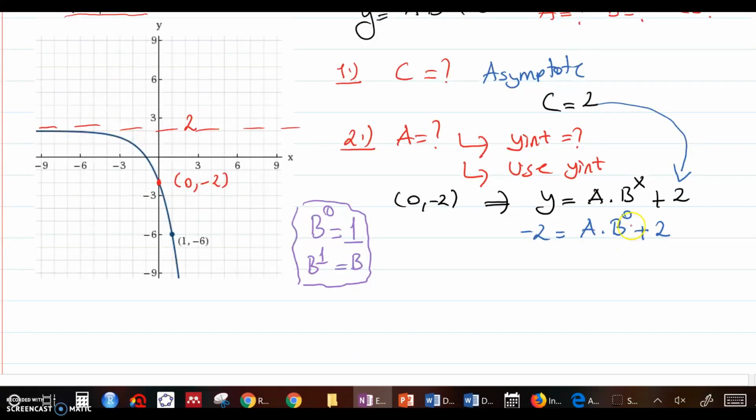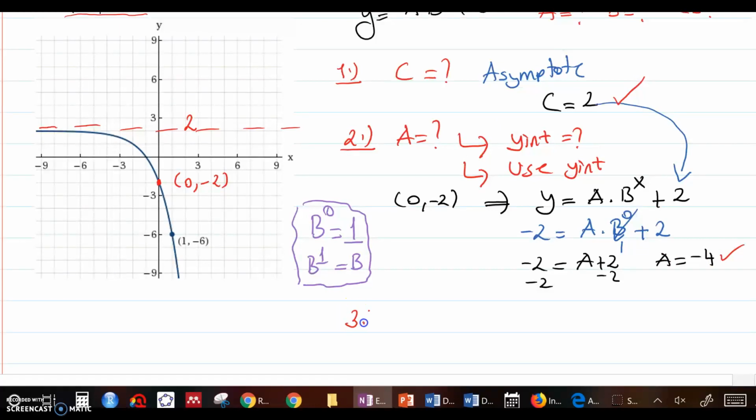With that knowledge, b to the power 0 will be 1, then we will have this equation: -2 is equal to a plus 2. Solve for a, right? Then a will become -4. Good, we've done this. Now we're going to use a and c and something else to figure out b.